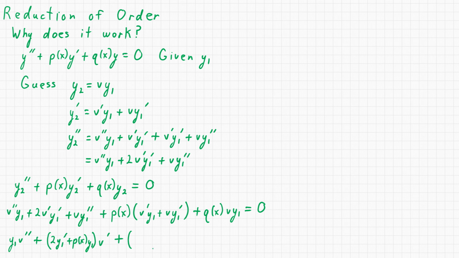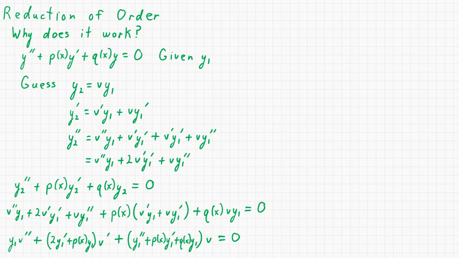Then I've got all my v terms, which is to equal 0. I've got a v times y1 double prime, so y1 double prime. I've got a p of x times v times y1 prime, so plus p of x times y1 prime. Then I've got a plus q of x times v times y1, so plus q of x y1.